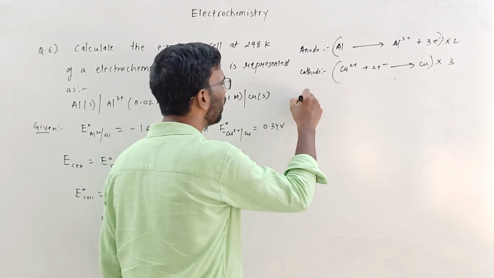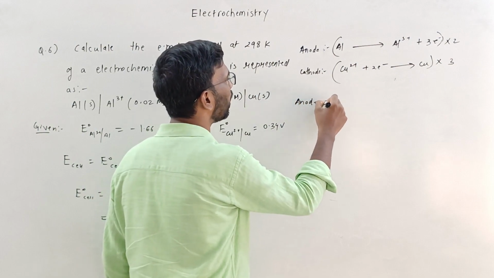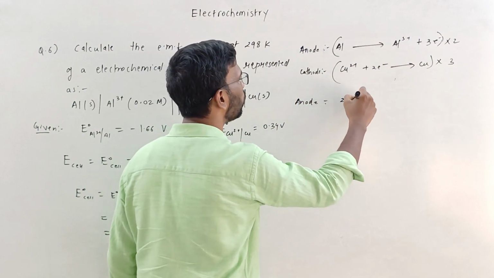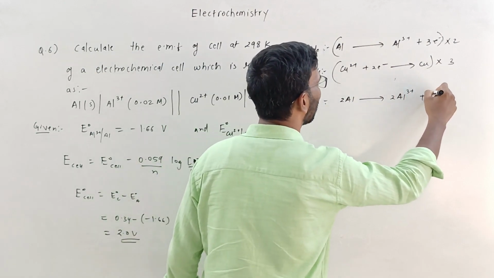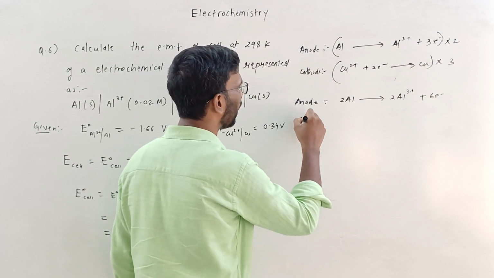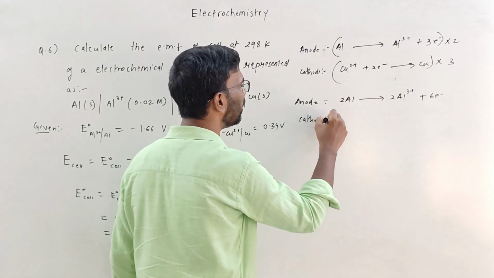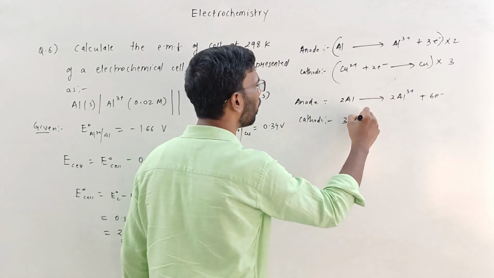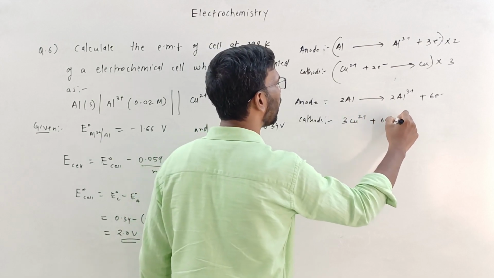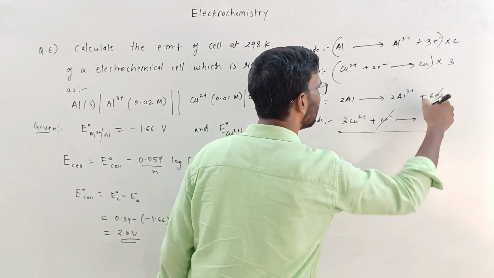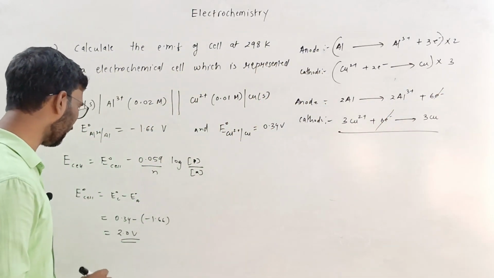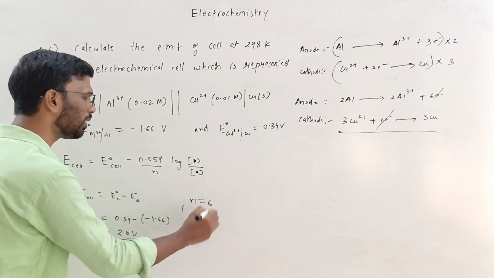So writing the anode again after multiplying by 2, I get 2Al changing to 2Al3+ and 6 electrons. And the cathode reaction is 3 Cu2+ plus 6 electrons changing to 3 Cu. So the electrons get cancelled, and the N value we got over here is equal to 6, right?